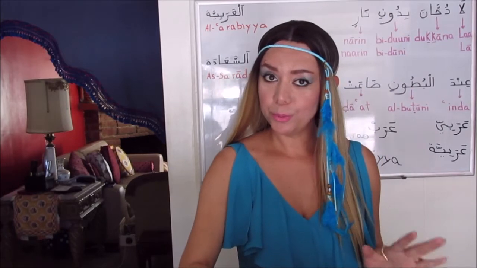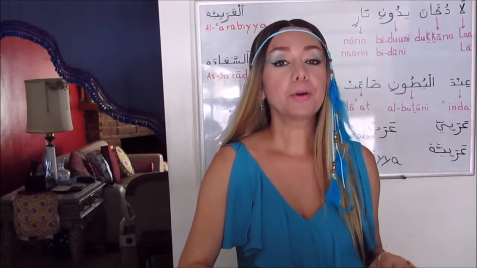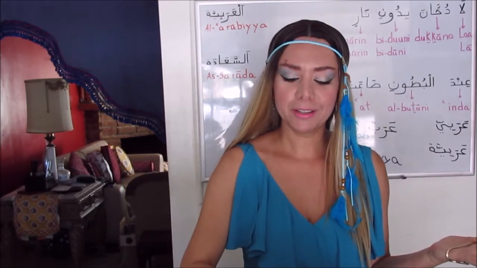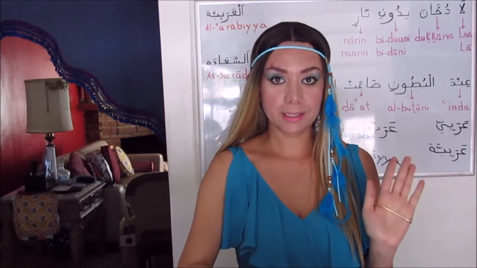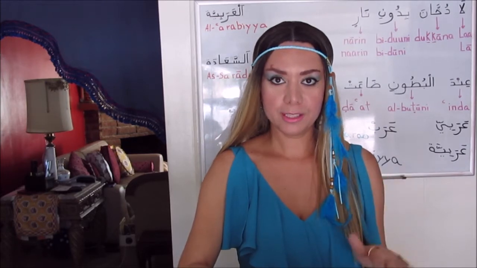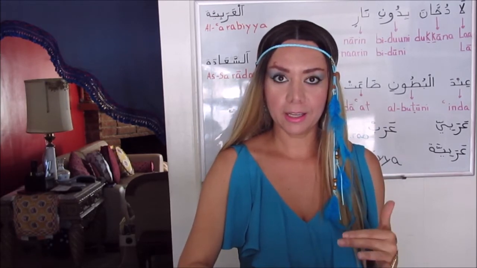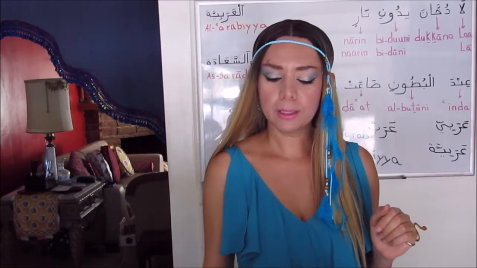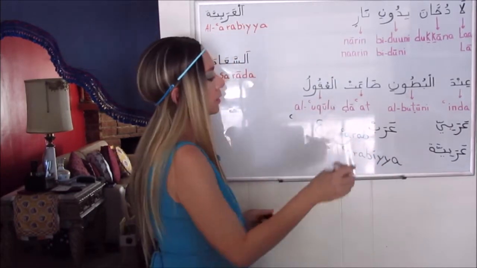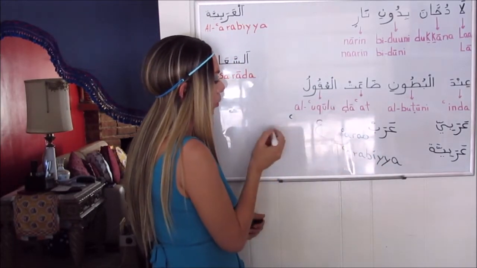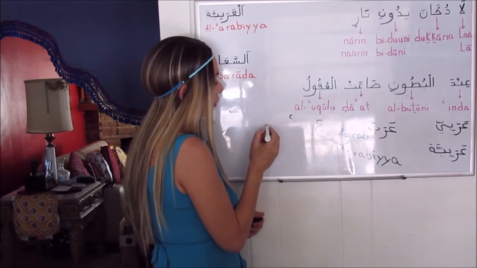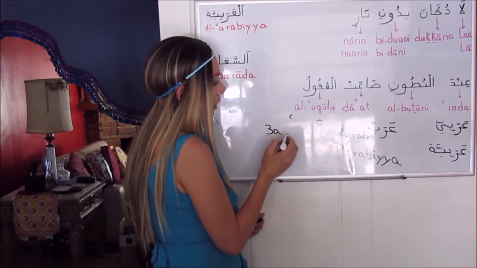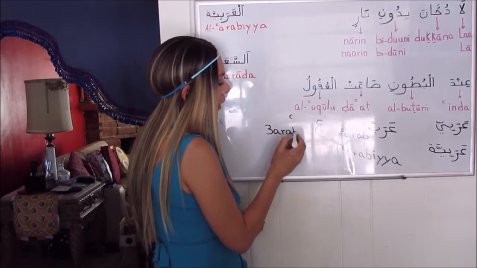You can also use the number 3 in the role of a practical alternative as a reflected image of this letter that is akin to a growl. So, it would look like this. Instead of this symbol, we would have the number 3 and then A-R-A-B, Arab.